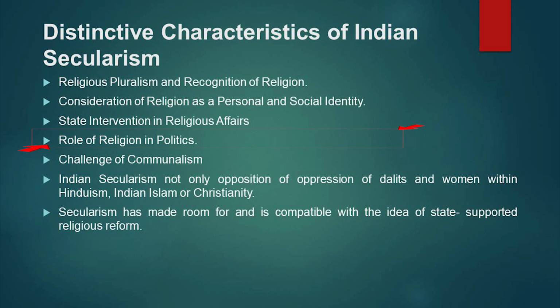Another distinctive character of Indian secularism is the role of religion in politics. Indian secularism also recognizes the complex relationship between religion and politics. In many Western countries, secularism aims to keep religion and politics entirely separate.